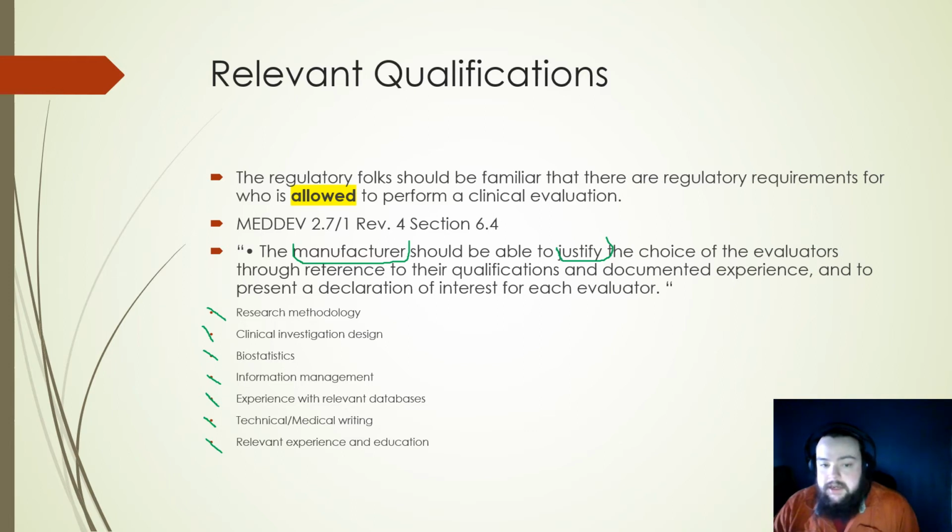Now, these are a lot of areas in a lot of not necessarily similar fields. Somebody designing clinical investigations may not be a biostatistician. So when I suggested earlier that it may be appropriate to have a multidisciplinary team, it's because there's a lot of jobs that are involved in this, and it's okay to get relevant experts in these niche areas to perform that work.